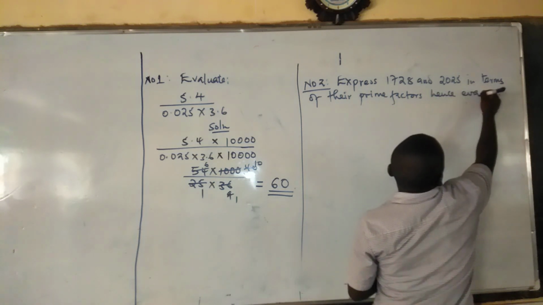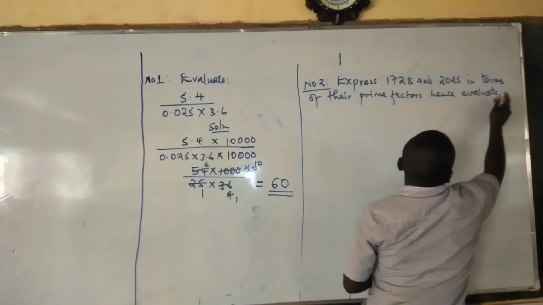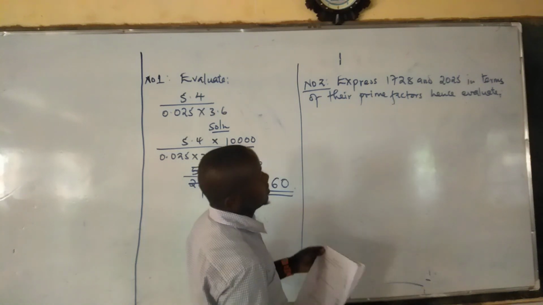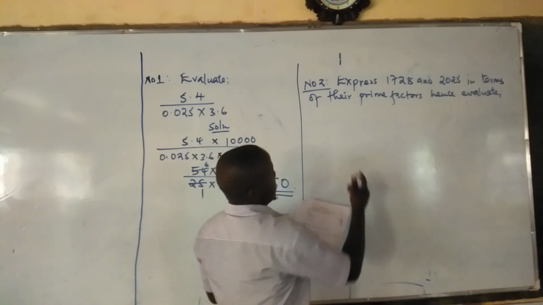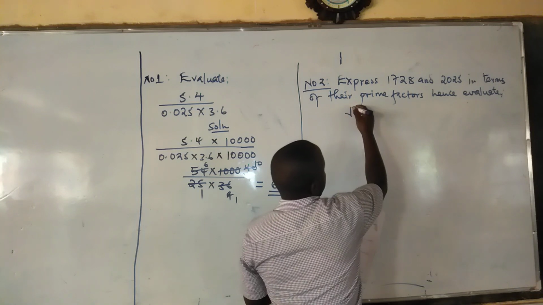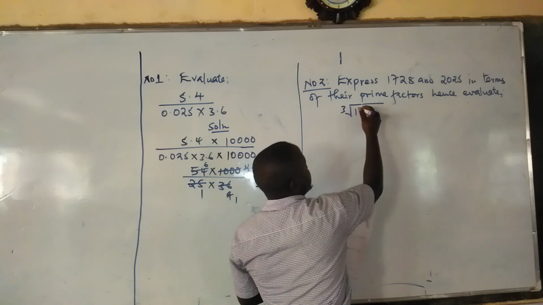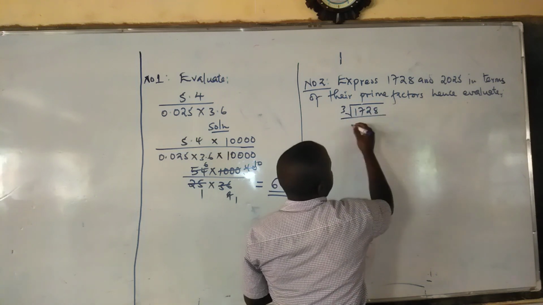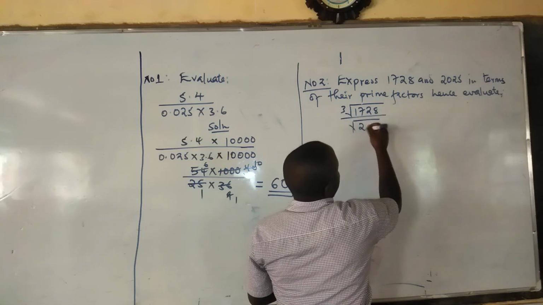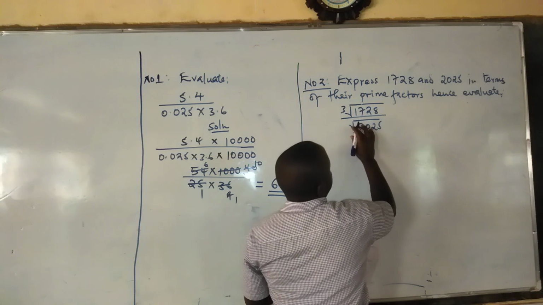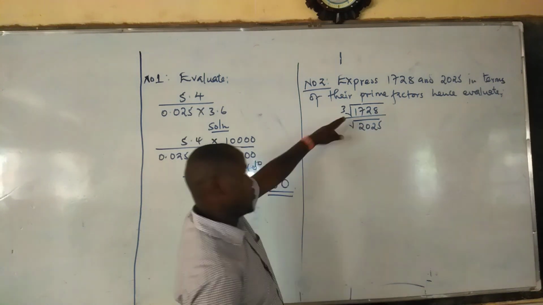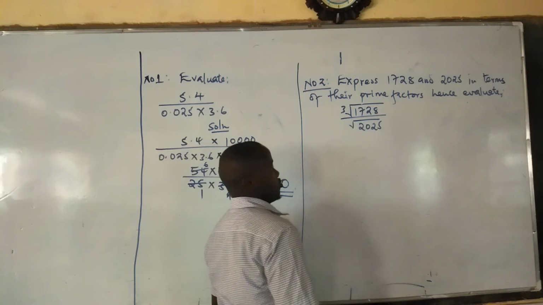Using the terms expressed in prime factors, evaluate the third root of 1728 divided by the square root of 2025.